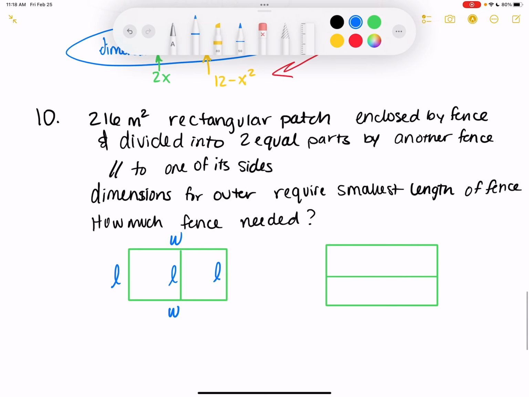And we know that area is equal to 216 meters squared, which is equal to length times width. So if I want the perimeter of this fence, what would the perimeter be equal to? So 3L plus 2W.